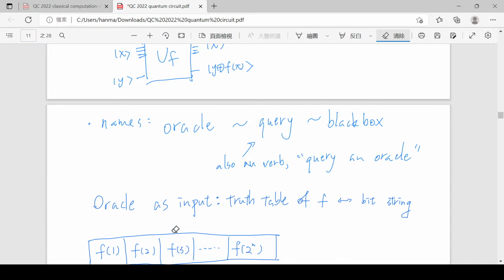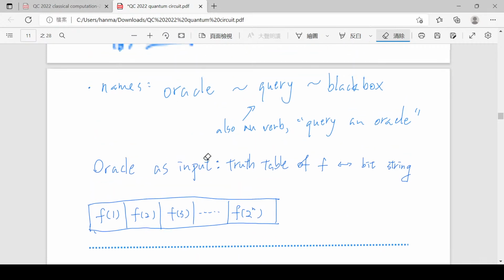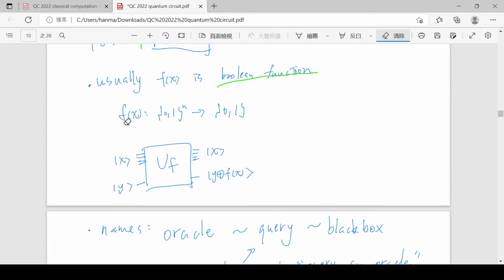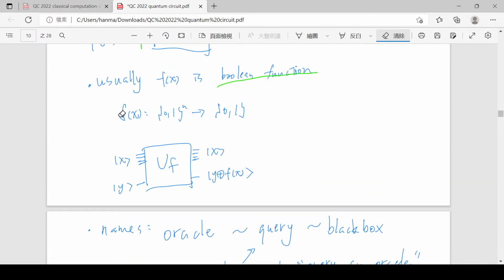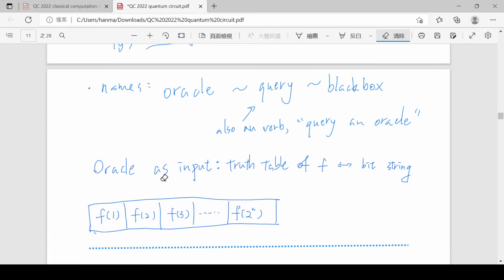Now this is something tricky that we'll talk more about later, and it's a bit confusing. We also think of this oracle as an input, so now we have two inputs. Let's first say how we think of this as input. We can list the whole truth table of this f of x. There are 2 to the n possible inputs to f of x, and we can list them as a bit string: f1, f2, f3, up to f of 2 to the n.